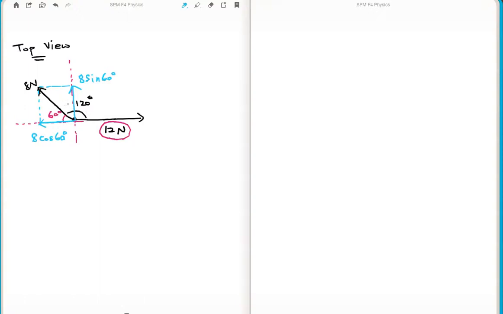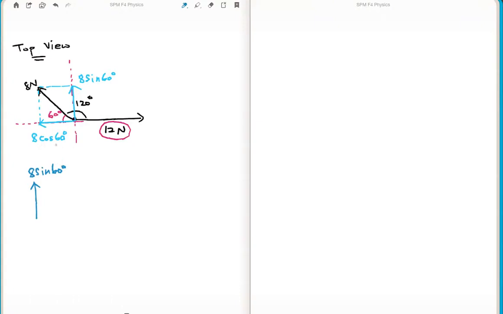Then it's quite straightforward now, because from here, one is to the left, another to the right. All you need to do is find out whether the net force is to the left or to the right. Okay? So you need to redraw this diagram. Going up is, of course, 8 sine 60.